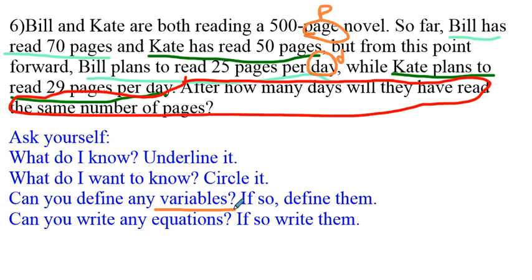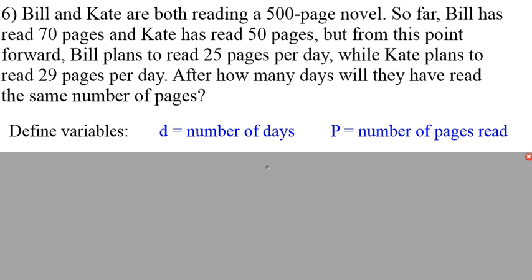Could we write some equations? I think we can. So the variables, D is the number of days, P is the number of pages. Equations. We should have an equation for Bill and an equation for Kate. And that's dealing with the number of pages read. So they'd both have P equals.